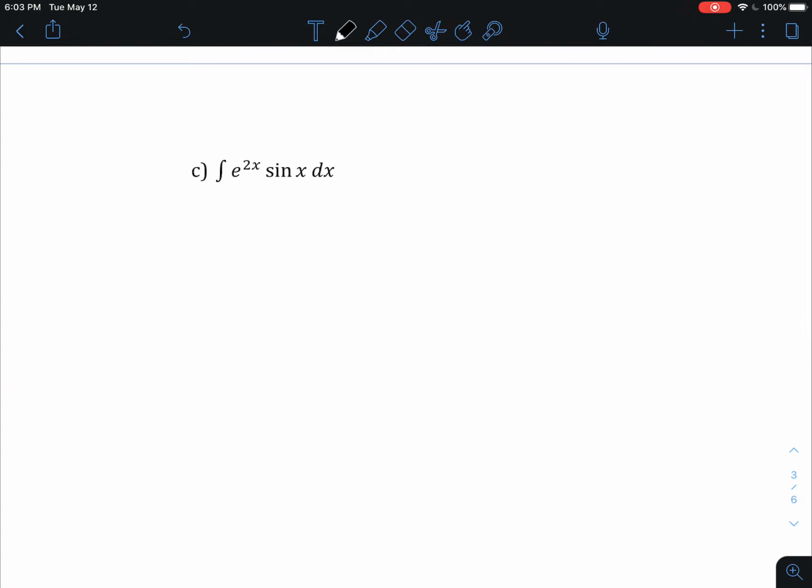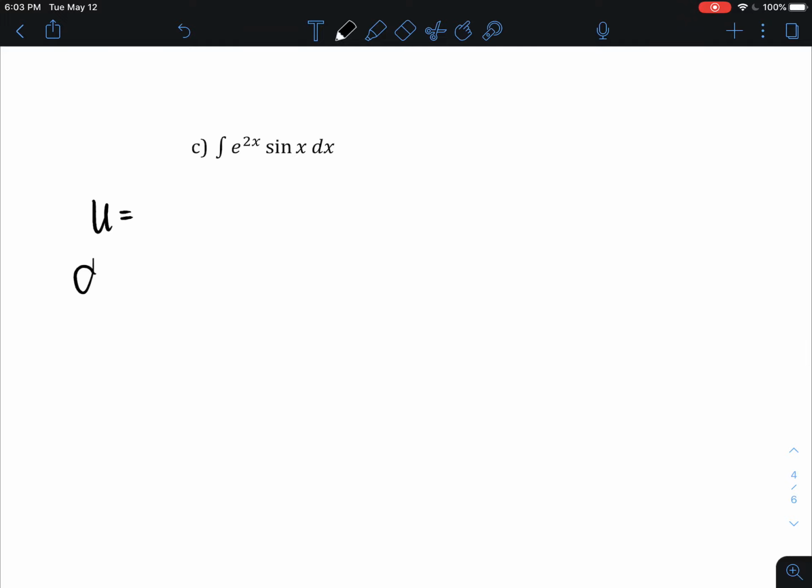All right, so here we have e to the 2x sine x. So again, what is u, du, what is v, dv? Here we have the integral of e to the 2x sine x dx.